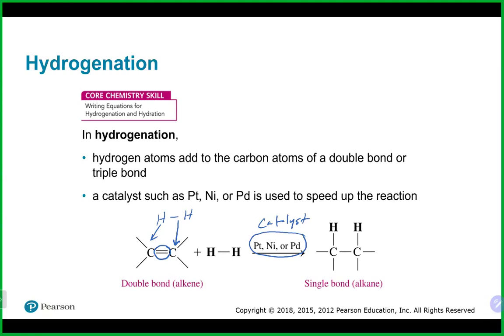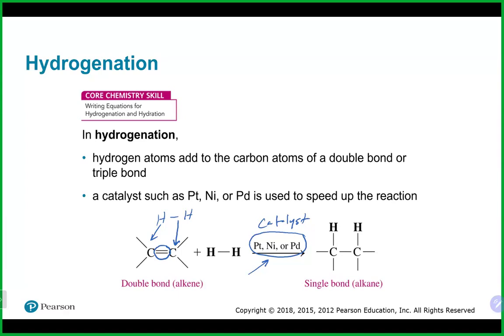Usually, as I mentioned before, sometimes you'll see some catalyst on the arrow, and for our purposes you don't have to worry too much about it, other than a reminder that a catalyst is something that typically will speed up the reaction, so it helps it be more efficient and occur faster than it would normally.